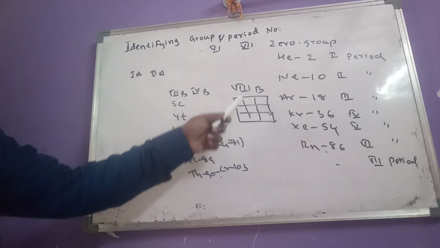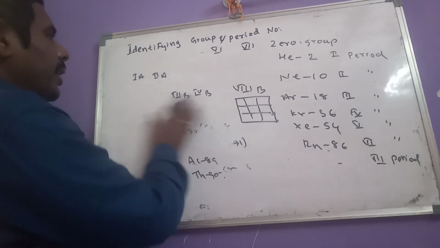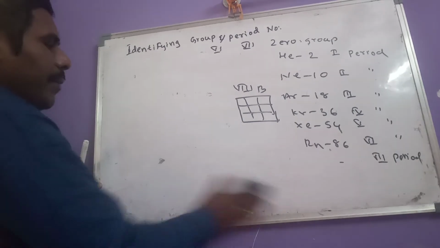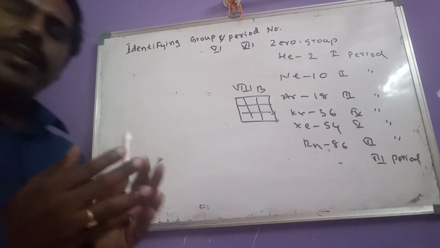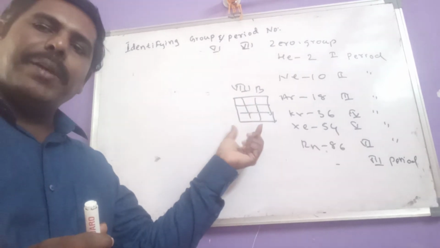And regarding transition triads also, we have to remember that if iron, cobalt, nickel, any element is given, what is its group number? We have to tell it as 8th B group only.